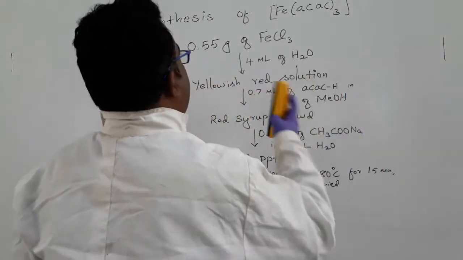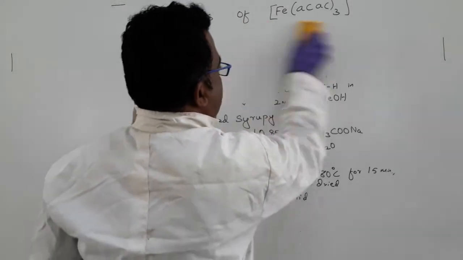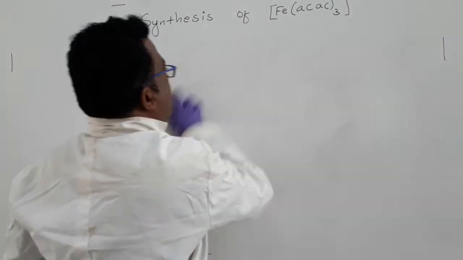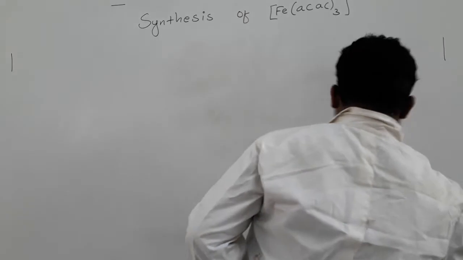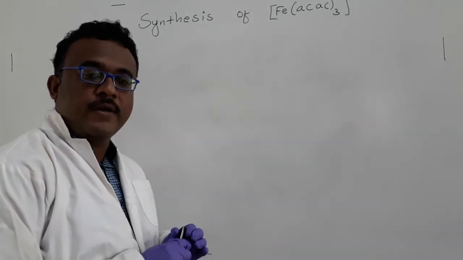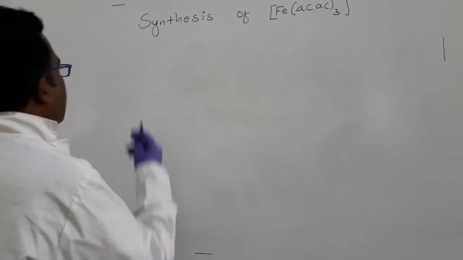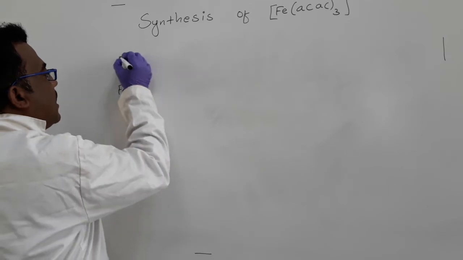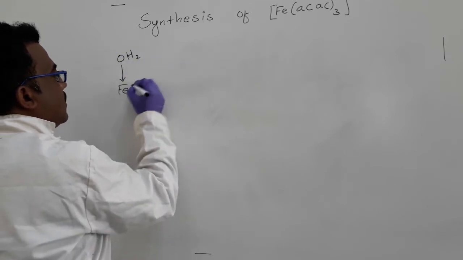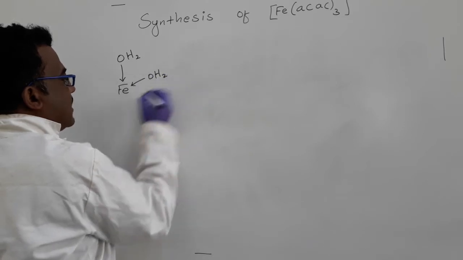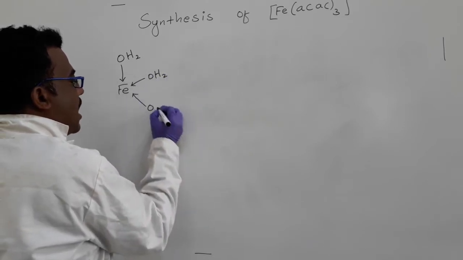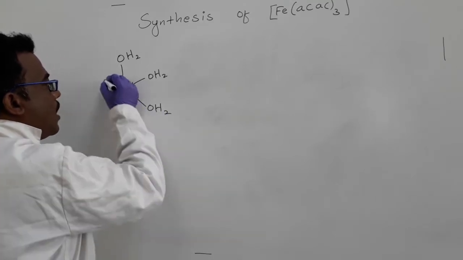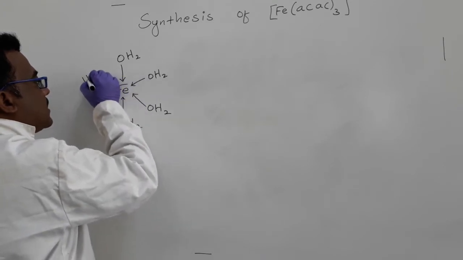In the meantime, I can give the reaction scheme, what exactly is happening in this reaction. First of all, I have dissolved ferric chloride in distilled water to get the ferric hexaaqua iron 3 complex. It's a simple coordination complex. 6 water molecules surround iron 3 plus to form an octahedral complex.